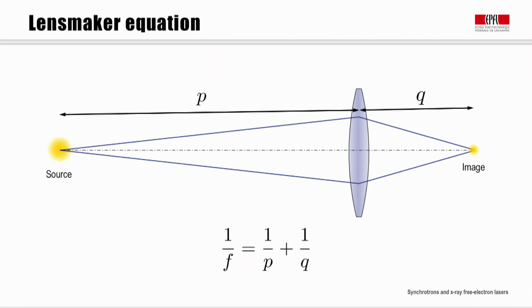Hence, values greater than unity will blow up the image size compared to the source, while demagnification with q upon p less than unity will focus down the image to sizes smaller than the source. Note also that an m-fold demagnification, q upon p equals 1 upon m, will be accompanied by an m-fold increase in beam divergence, and vice versa. This is merely a restatement of the fact that the beam emittance will remain constant.